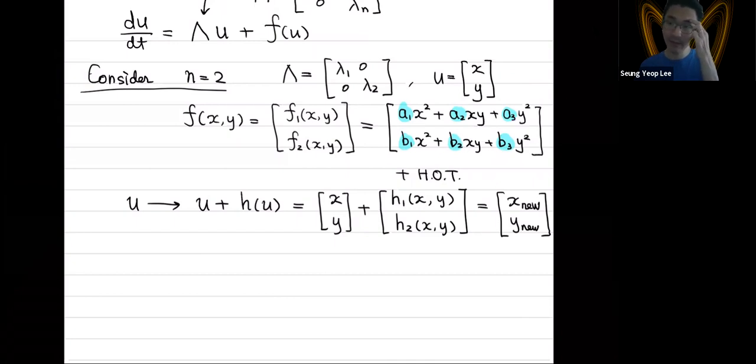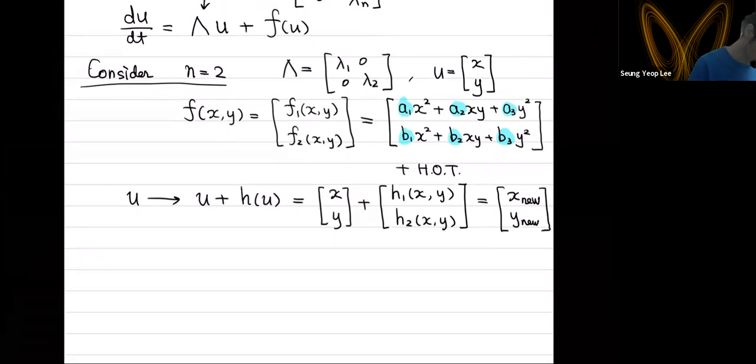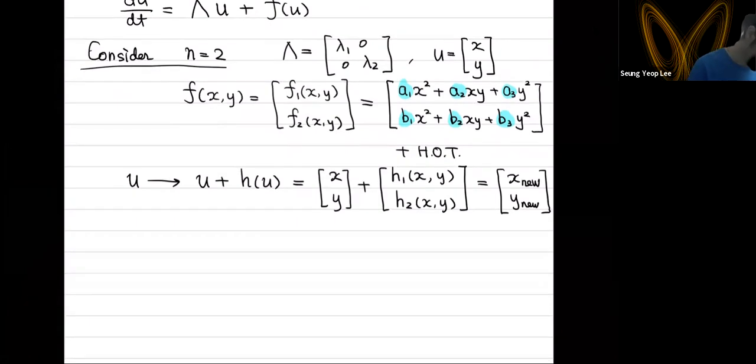And with this freedom in choosing h1 and h2, which starts from the quadratic terms, can we absorb any of these six parameters? That's what we wonder.